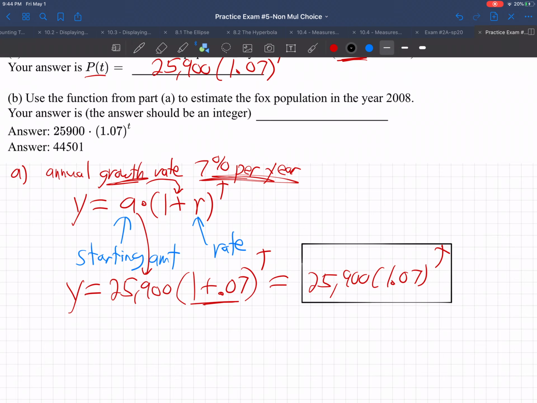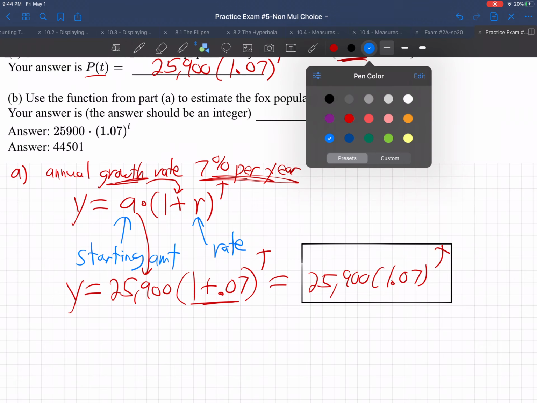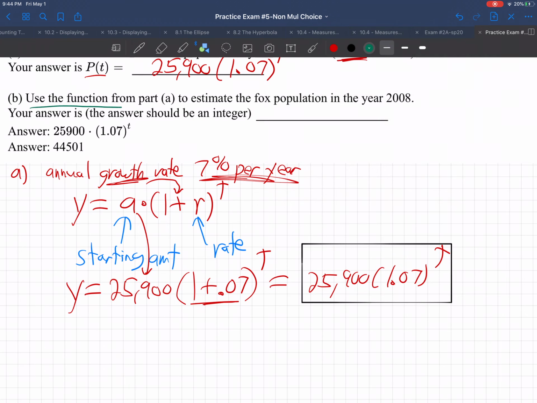So now in part B, let's come on down. Use the function from part A, now that we have that, to estimate the fox population in the year 2008.